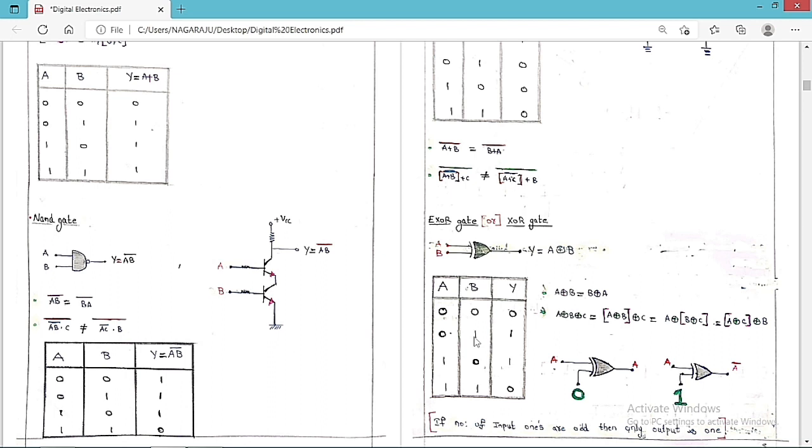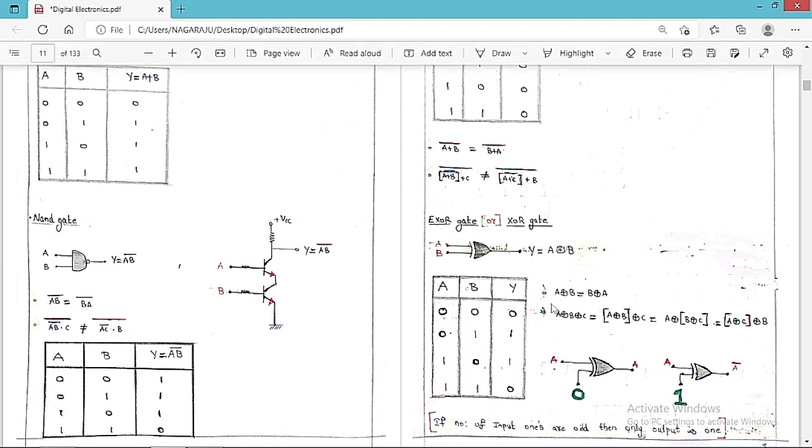For 0, 1, the number of input ones is 1, an odd number, so you are going to get 1. For 1, 0, the number of input ones is 1, an odd number, so output is 1. For 1, 1, the number of input ones is 2, an even number, so the output is 0. So for the XOR gate, if the number of logic ones in the input is odd, then only the output is 1, otherwise it is always 0.